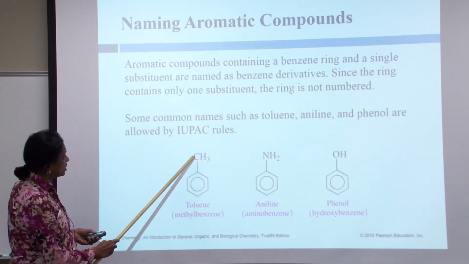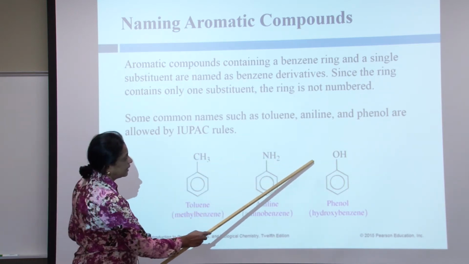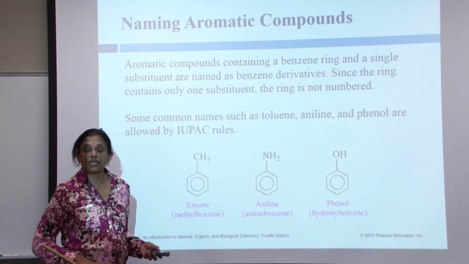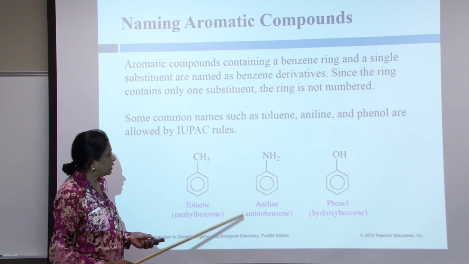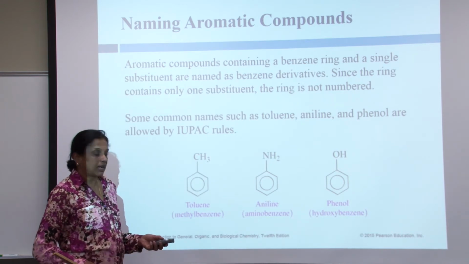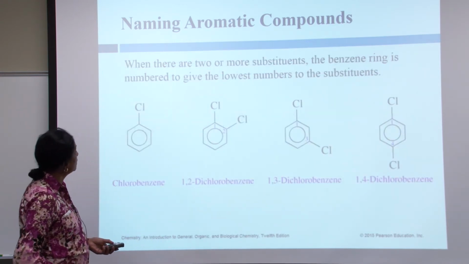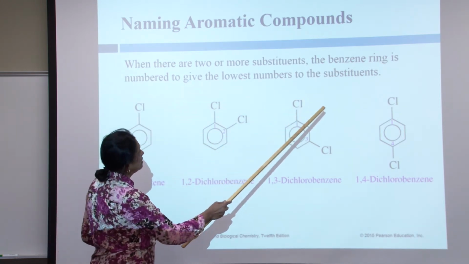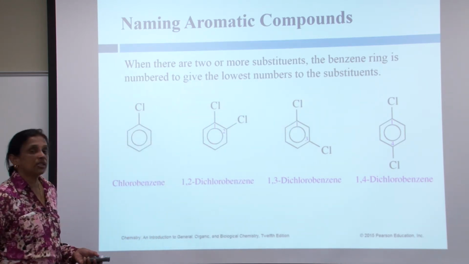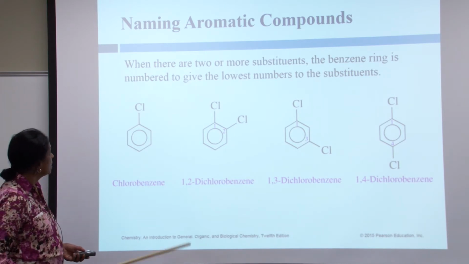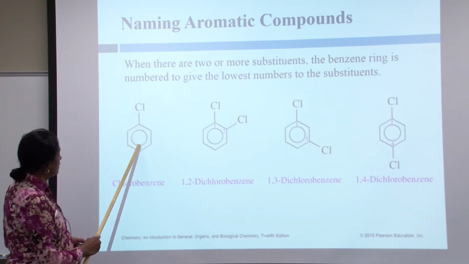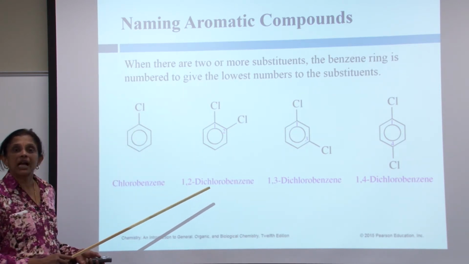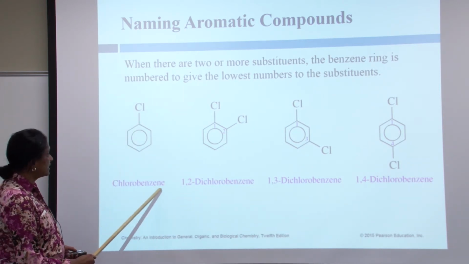If you have just one substituent in the benzene ring, we do not have to number the substituent. Once you have more than one, we are going to number, and we'll see that in further examples. When there are 2 or more substituents, the benzene ring is numbered to give the lowest numbers to the substituents. This is a benzene with 1 substituent, so we do not have to number: chlorobenzene.